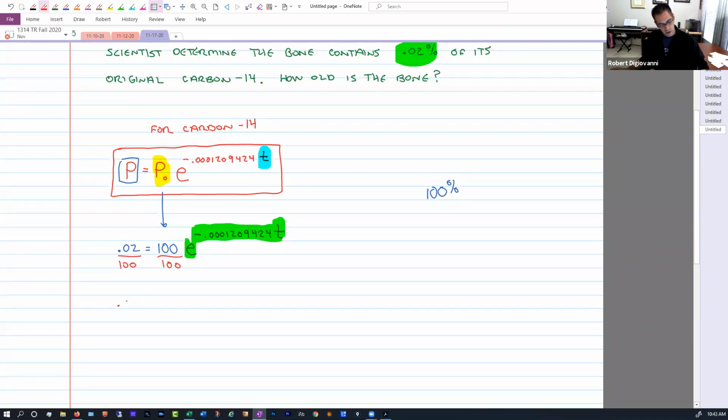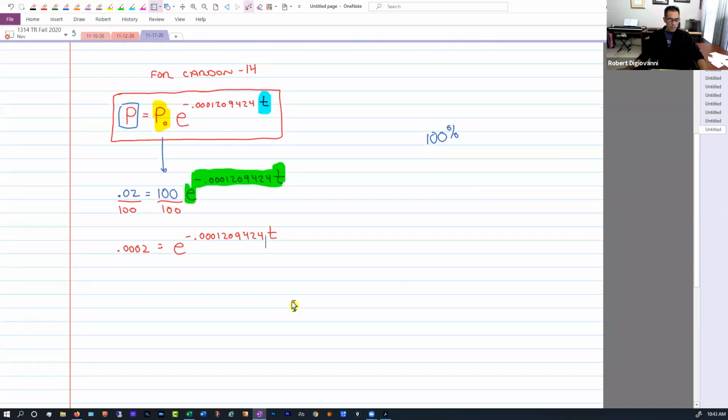And when you do that, you should get 0.0002. Now what? ln on both sides.